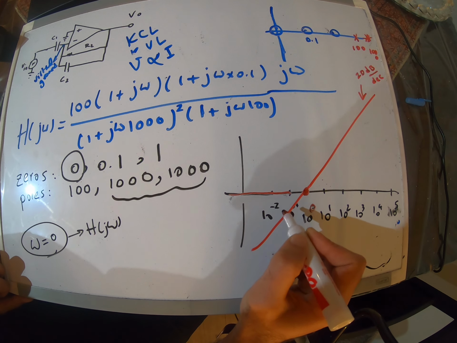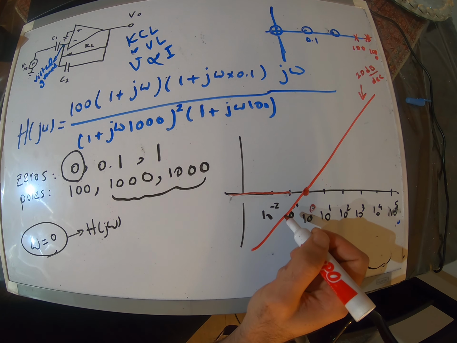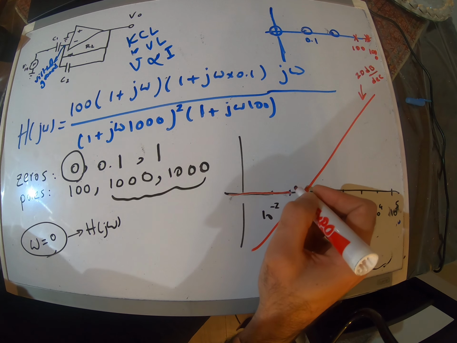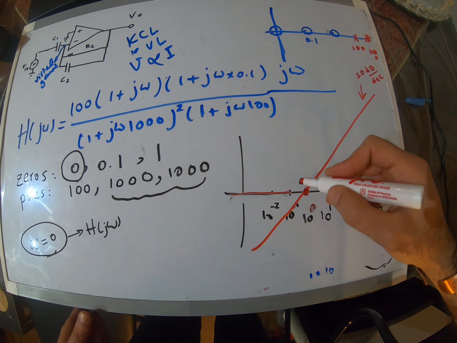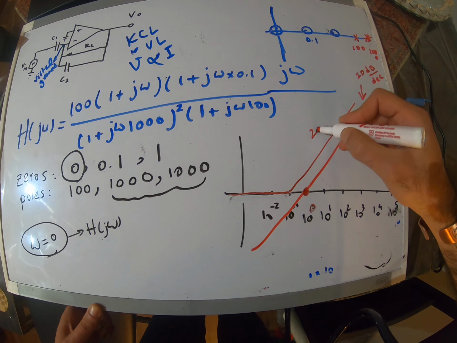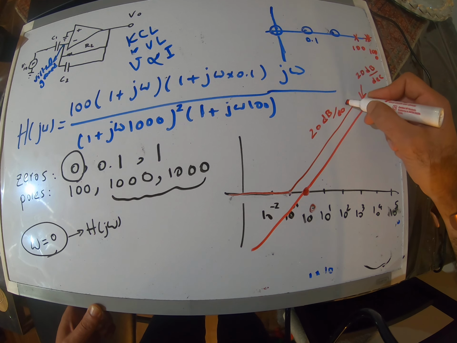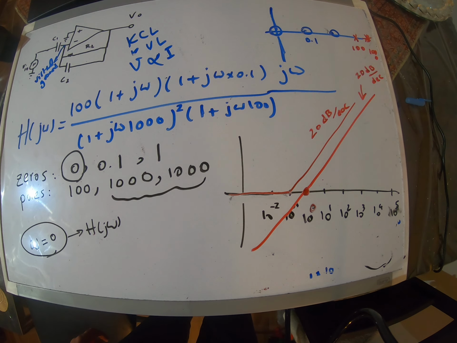What's the impact of the zero on the magnitude Bode plot? It's going to be, again, a rise with the slope of 20 dB per decade.